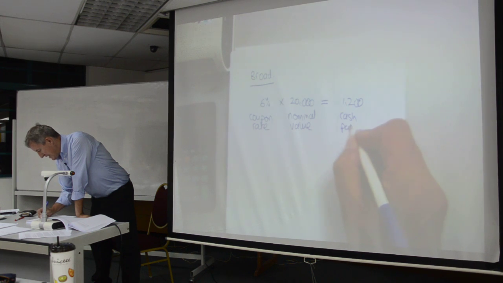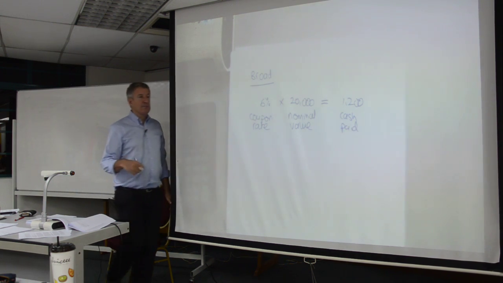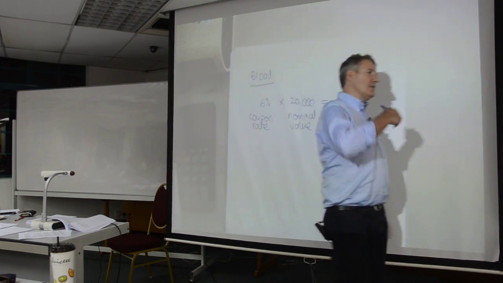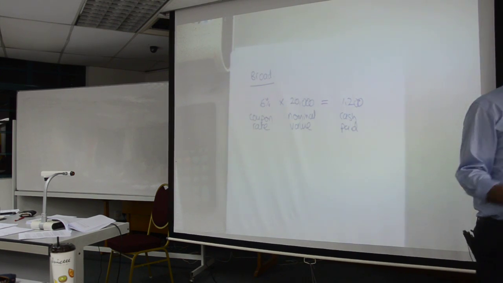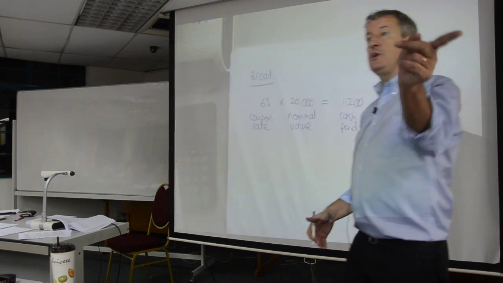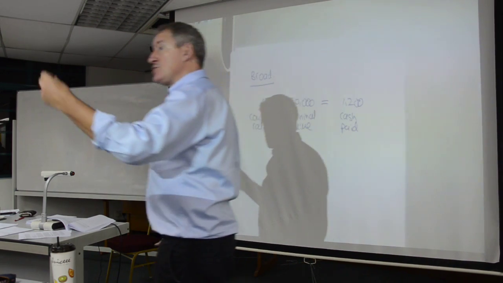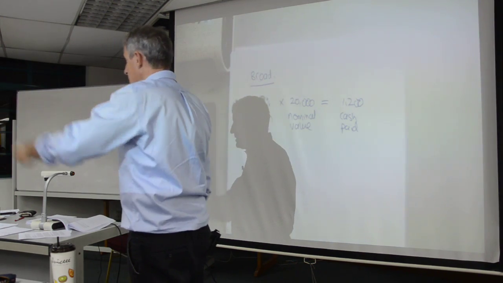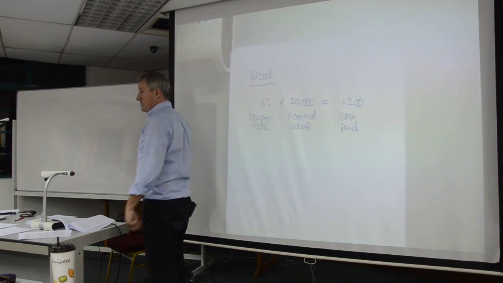This is the cash paid. So I want us to be absolutely clear. The coupon rate times the nominal value gives us the amount of money that we pay, not the amount of money that we charge to the P&L. That's not the finance cost. That is the amount that we pay in terms of cash out.